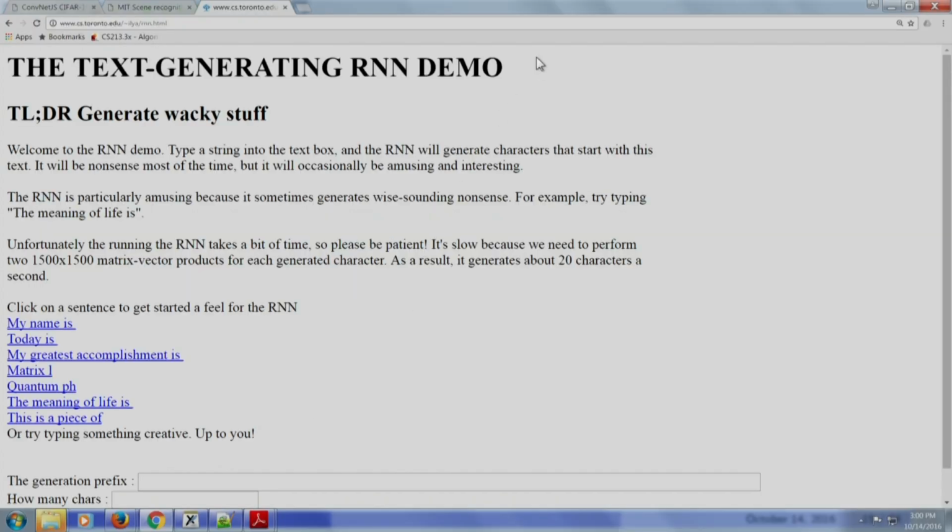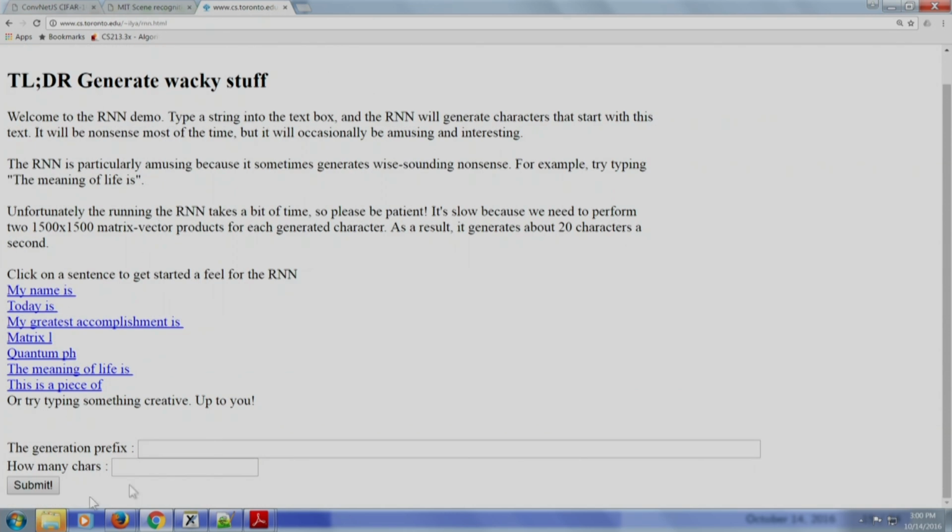So, you can go to this online demo at cs.toronto.edu, where you are allowed to type in some characters which form the prefix. So, your prefix could be something like the meaning of life is.